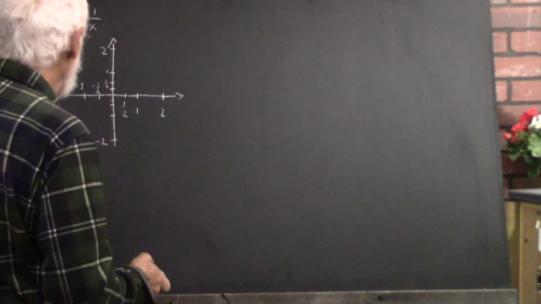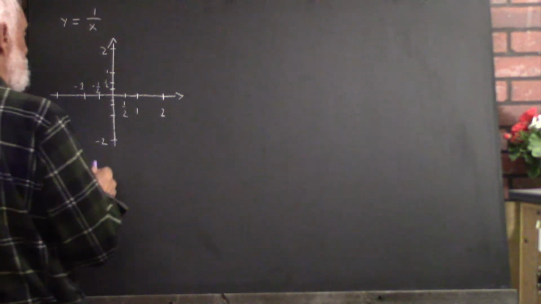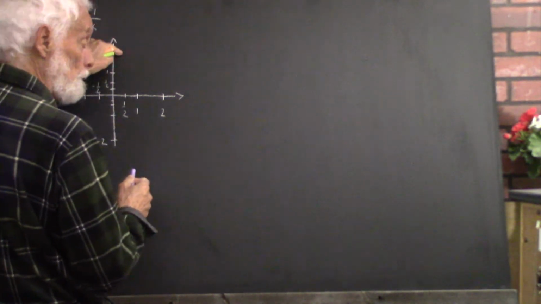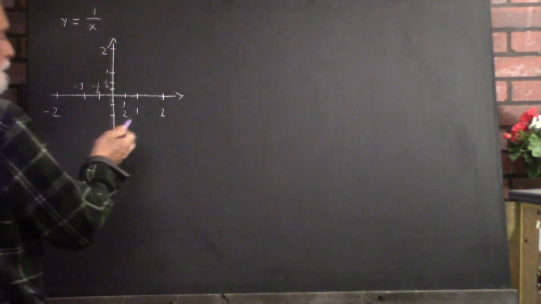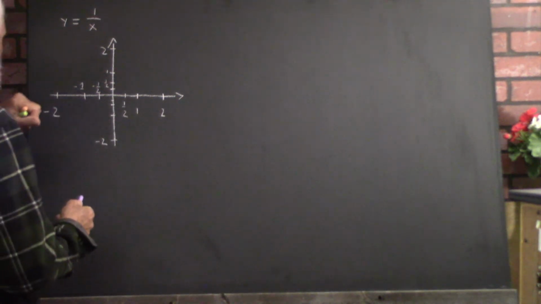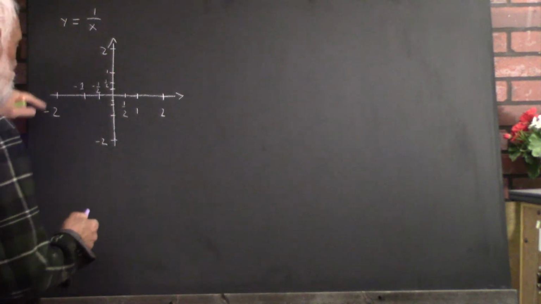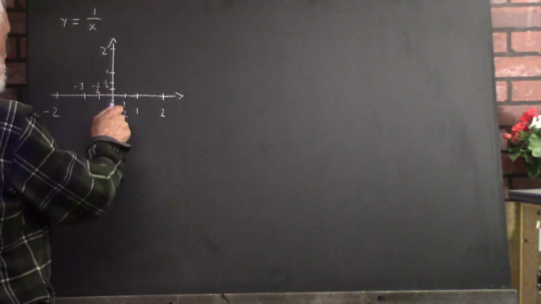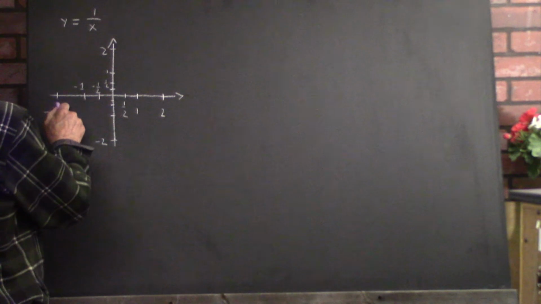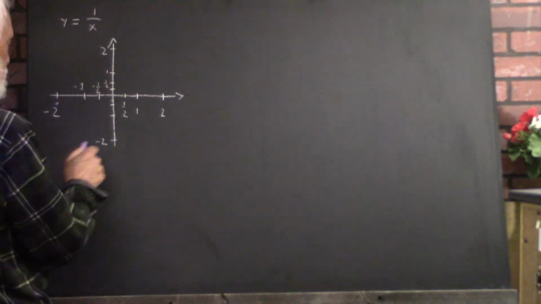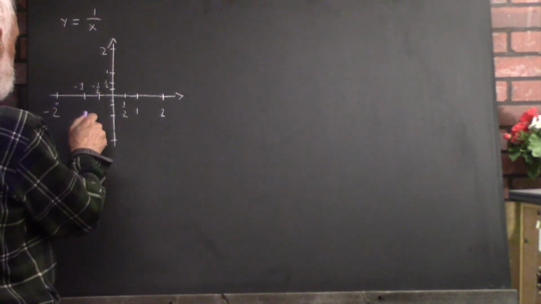Now I'm going to plot the point 1/2, 2. Well, let's actually start, if we have a table, we'll start with -2. Okay, we have -2, -1/2. Well, here's -2, here's -1/2, here's our point. We have -1, -1.